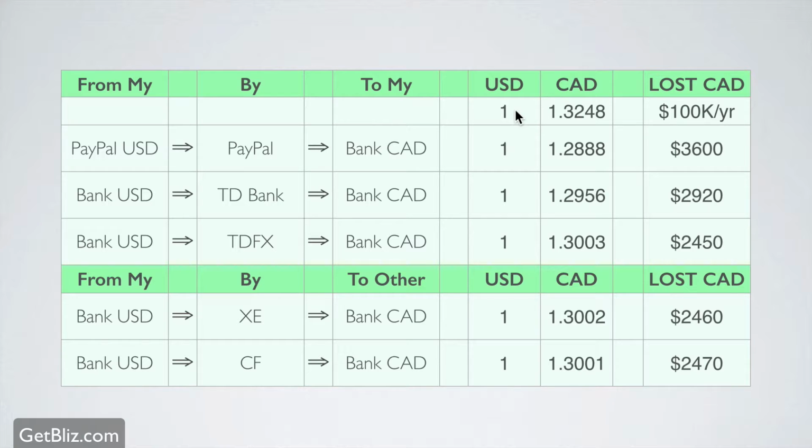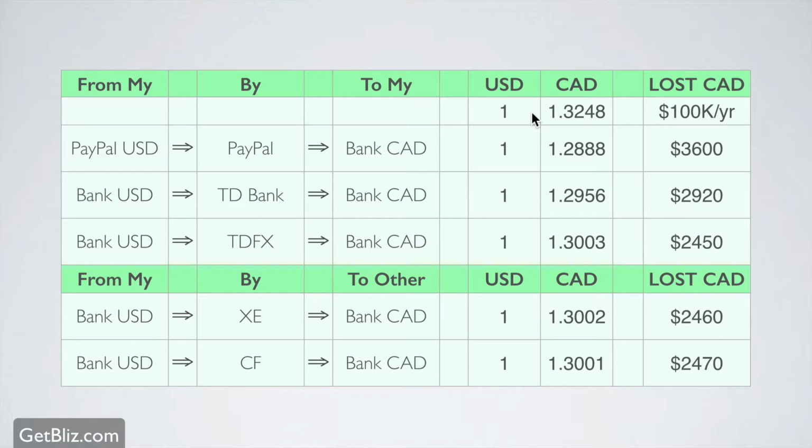So if I were to sell $1, the official exchange rate is 1.3248. That would be the ideal rate if banks wouldn't take any fee when they exchange money, right? Unfortunately, this is not how it works. Every time you want to exchange money, you will never get the official rate.